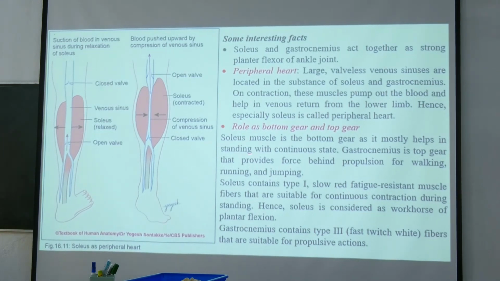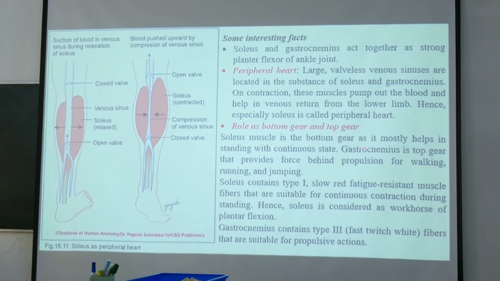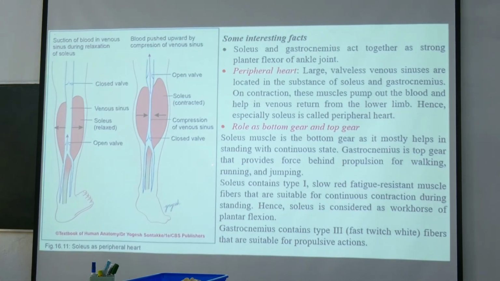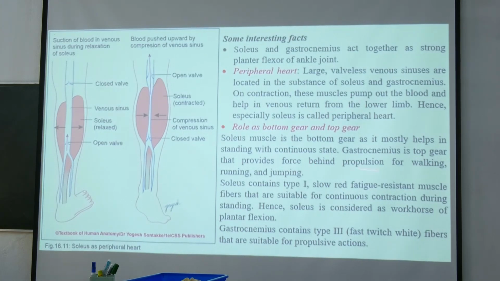And their role as a bottom gear or top gear. Soleus muscle is a bottom gear as it mostly helps in standing with continuous stance, and gastrocnemius is top gear that provides force behind propulsion for walking, running and jumping. Okay.